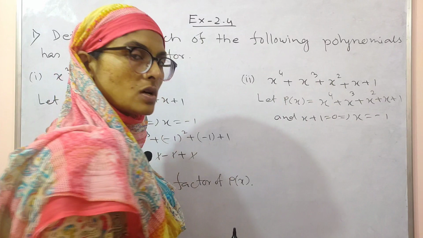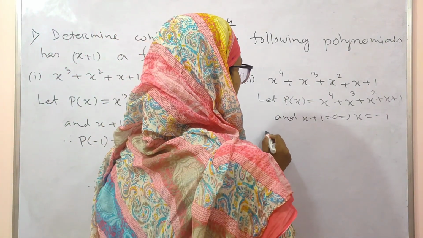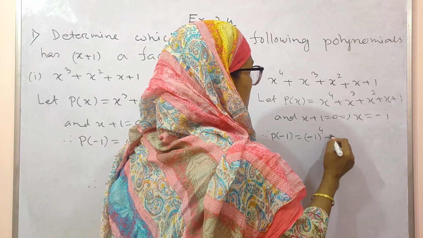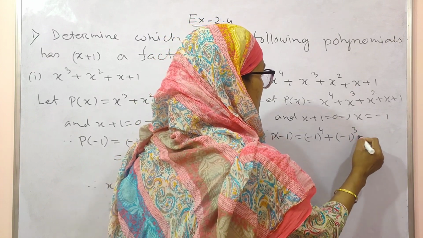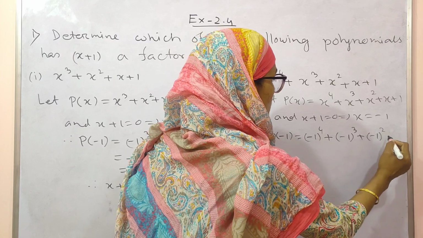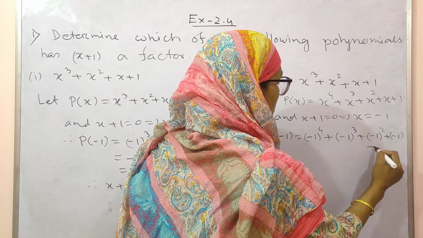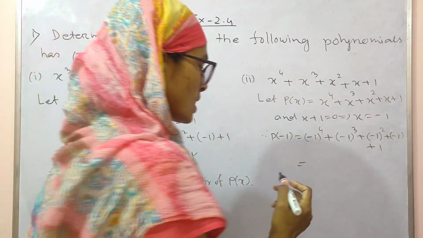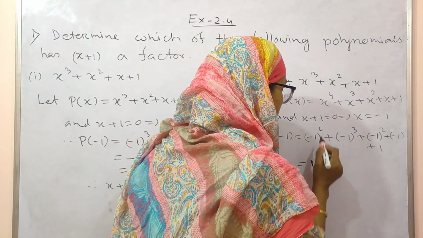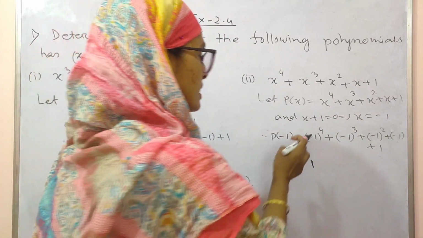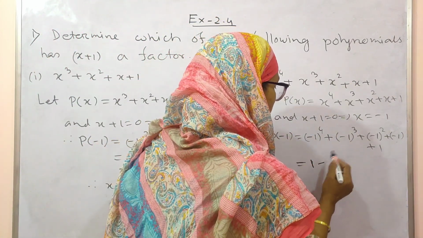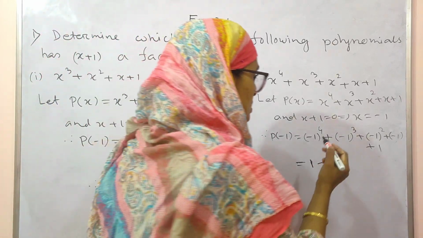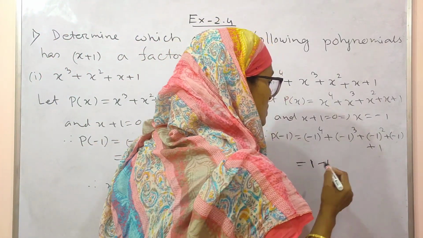So putting the value of x equal to minus 1, therefore p of minus 1 is minus 1 power 4 plus minus 1 power 3 plus minus 1 power 2 plus minus 1 plus 1. So minus 1 power 4 you will get 1. Remember this one, when power is even number and the base is negative, you get positive. Here minus 1 cube, you will get minus 1. So 1 minus 1.